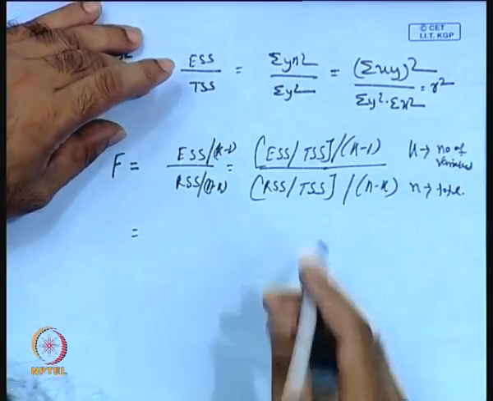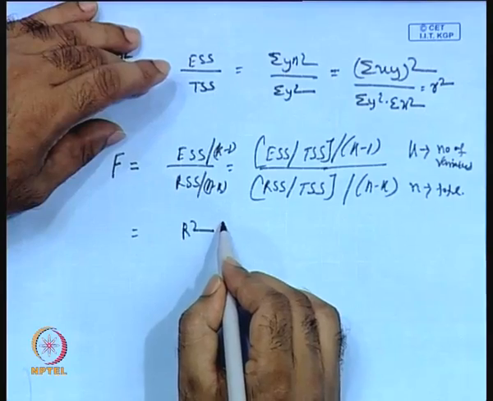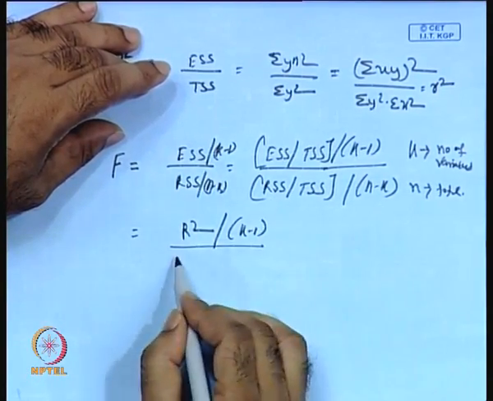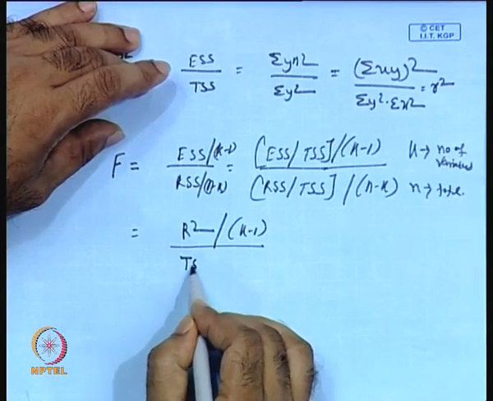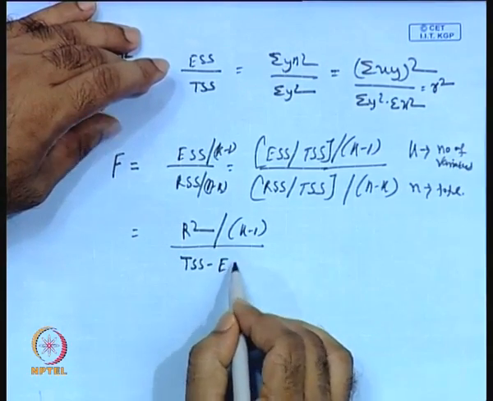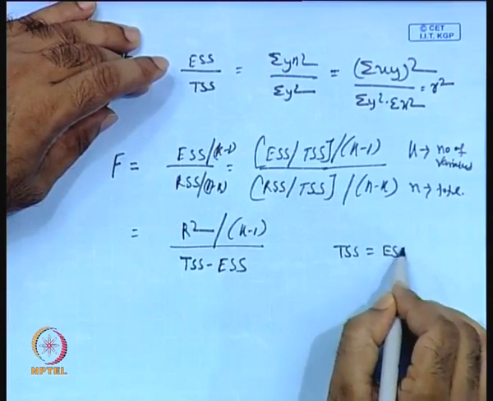Now, ESS by TSS is nothing but r squares. So, it is r square by k minus 1, divided by RSS. RSS is nothing but TSS minus ESS, because TSS is equal to ESS plus RSS.